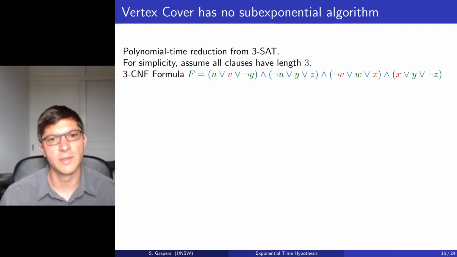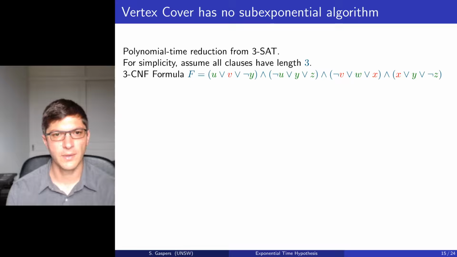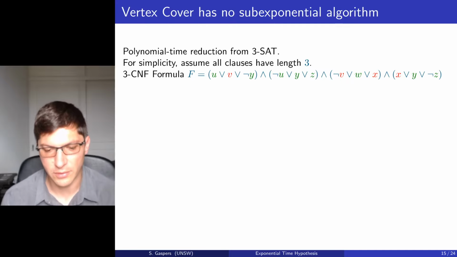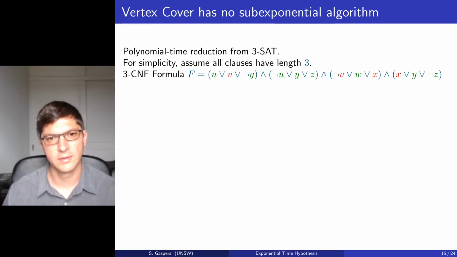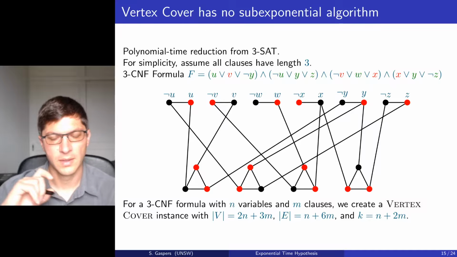So let's say that this is our 3CNF formula. So we have 4 clauses, and let me show how the reduction works visually. Okay, so for every variable, we have 2 vertices. One corresponding to the positive literal on this variable and one corresponding to the negative literal.